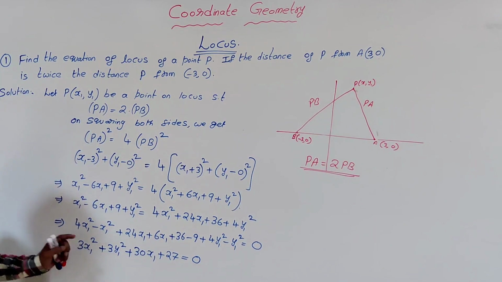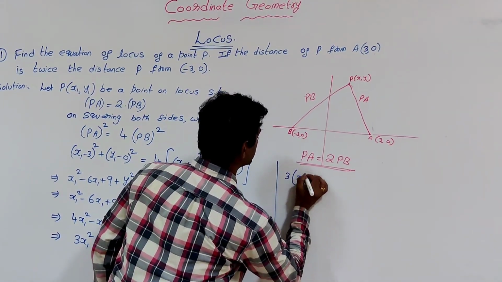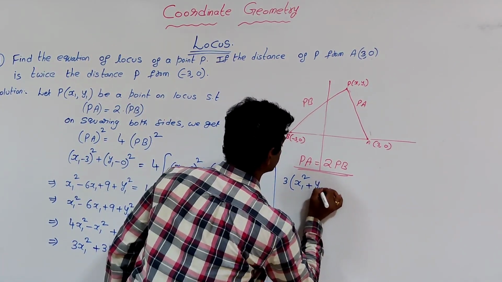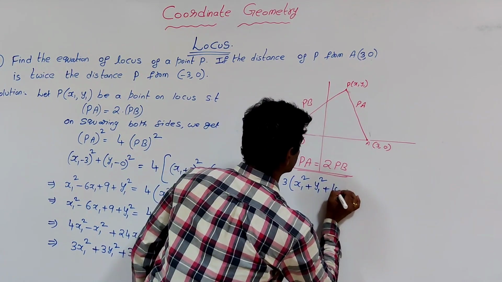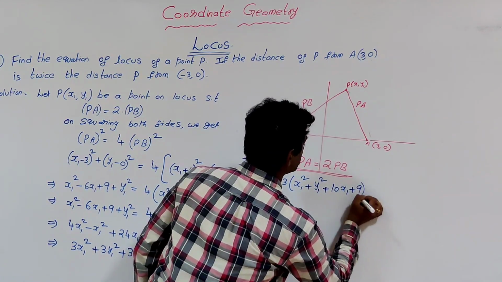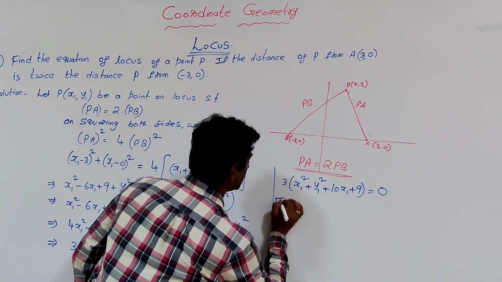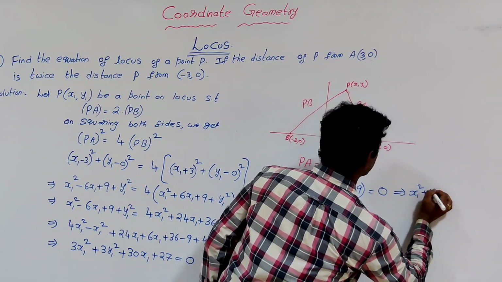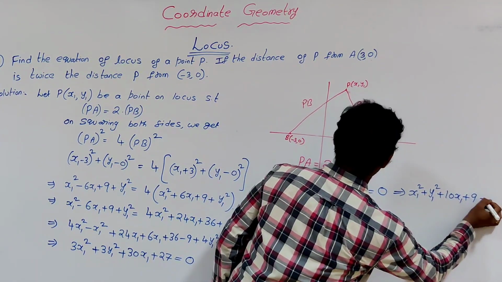Now we can take 3 common, so it will be 3 times (x1² + y1² + 10x1 + 9) is equal to 0.